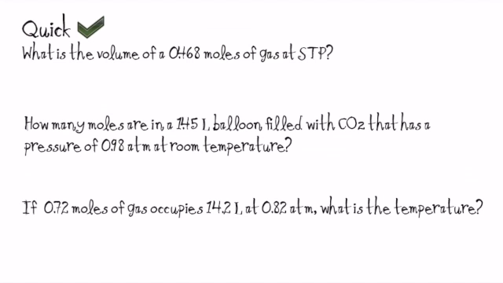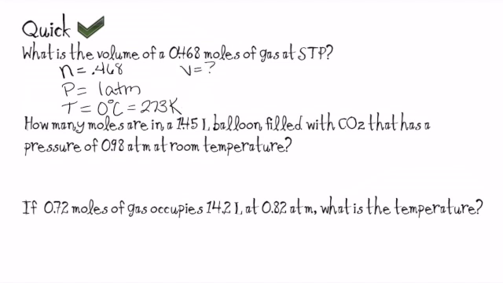Quick check. What is the volume of 0.468 moles of gas at STP? We know moles, we know pressure, and we know temperature. Temperature has to be in Kelvin, so 273 Kelvin. And we're looking for volume, so we'll use the ideal gas law.